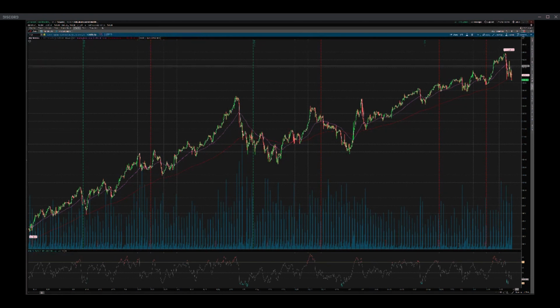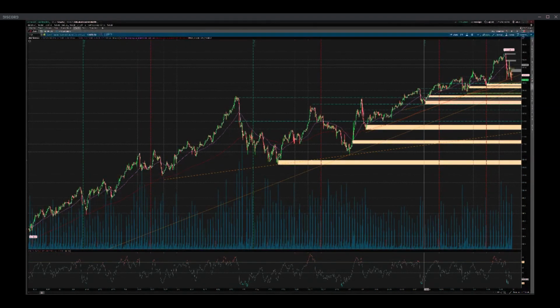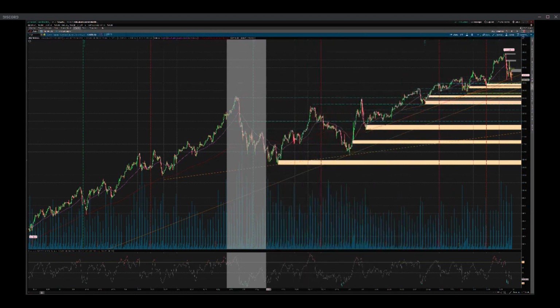All right, so that's a little better. The red is the 200 and the purple is the 50 EMA. Let me show you. So these are the drawings that I have currently on my NQ.